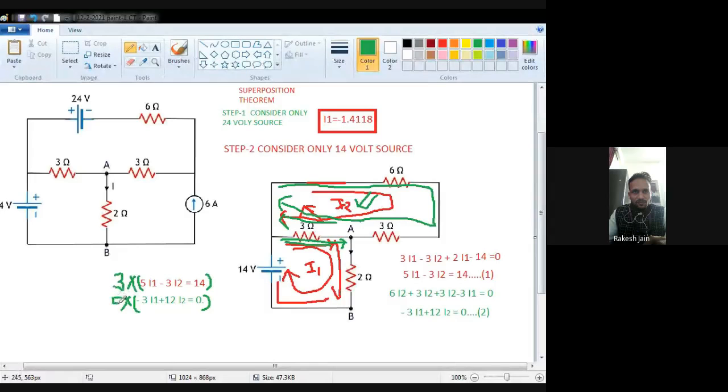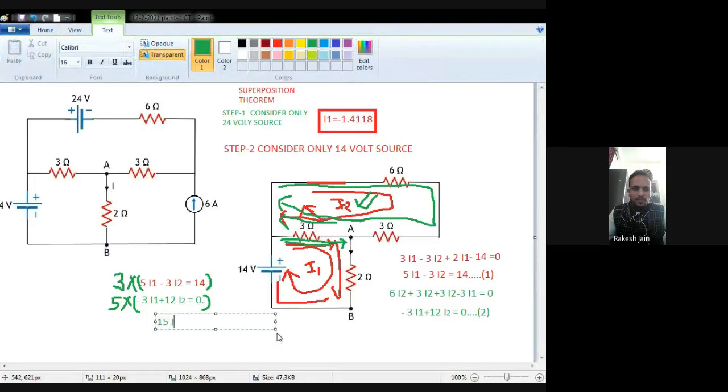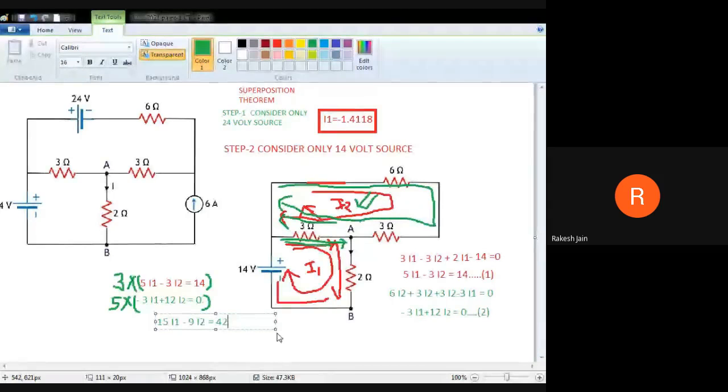So I simplify it: 5I1 minus 3I2 equals 14. Now with this green color, for the second mesh, I start with this, so only the 6 ohm resistance is there, no other current.